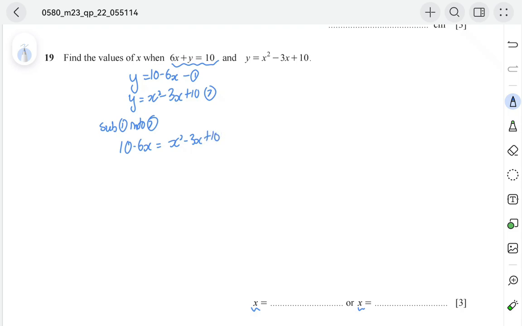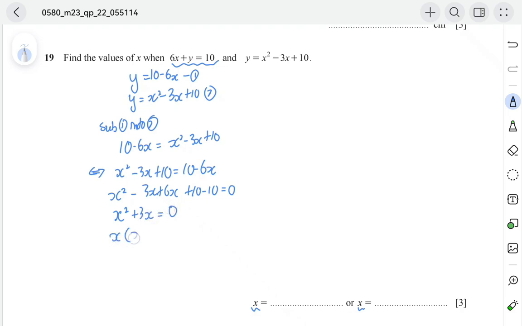Now we can rearrange to put all the terms on one side, as that's how we solve quadratic equations. So x squared minus 3x, we'll flip it around to make it easier to look at, and then move the like terms together. So x squared plus 3x equals 0.